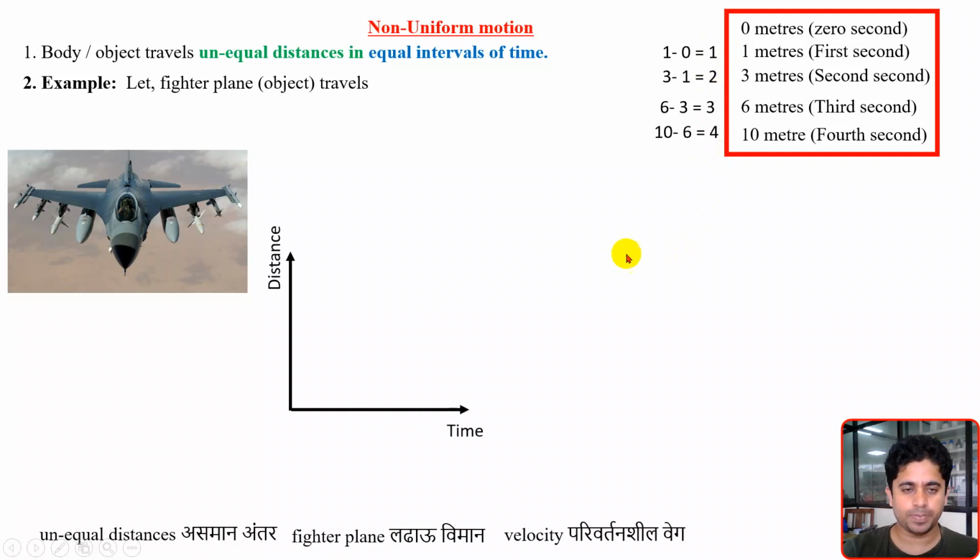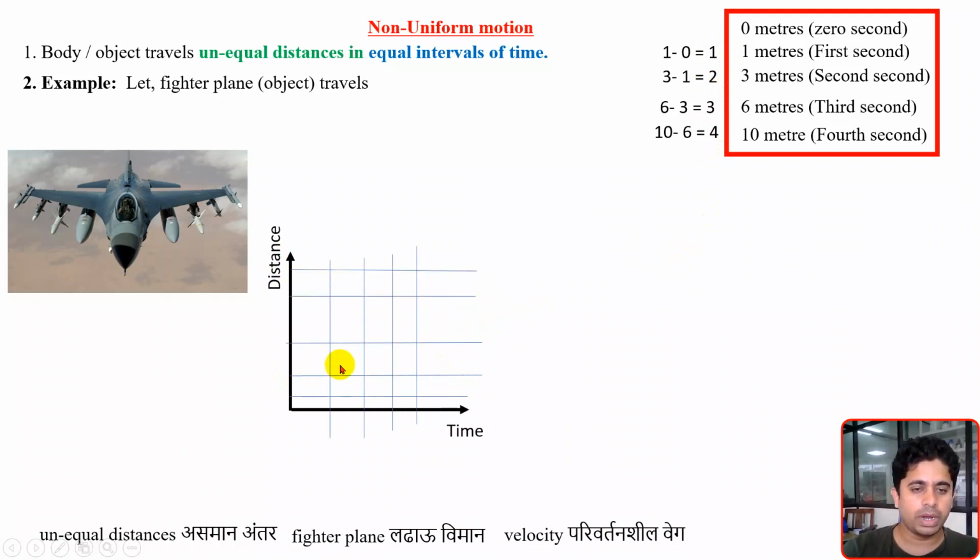Same distance-time graph, if I plot it, for understanding we have divided the time interval the same as in uniform motion. Now I plot the corresponding time interval and the corresponding change in displacement. There are four time intervals we have considered. Green color shows the time interval and red color shows the actual change in displacement for the corresponding time intervals.